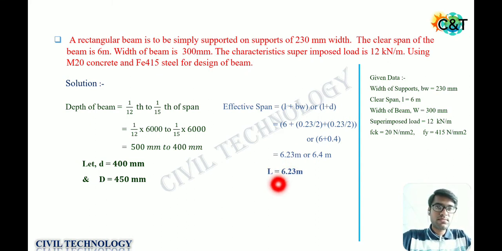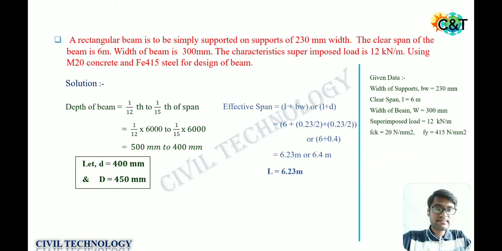So in our problem the effective span comes to 6.23 meter. Whatever value you see here in bold color, please note it down in your copy. I am also considering that value here, so you can easily relate the next steps.